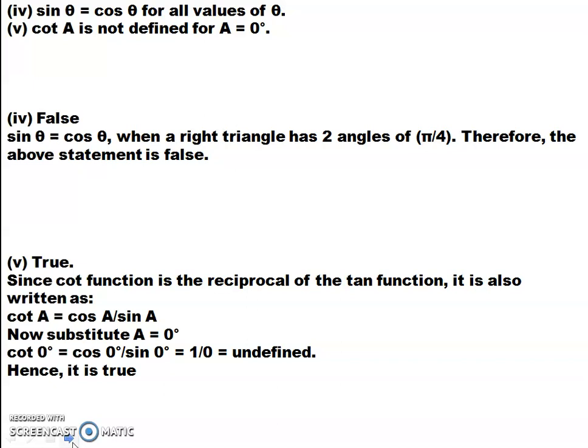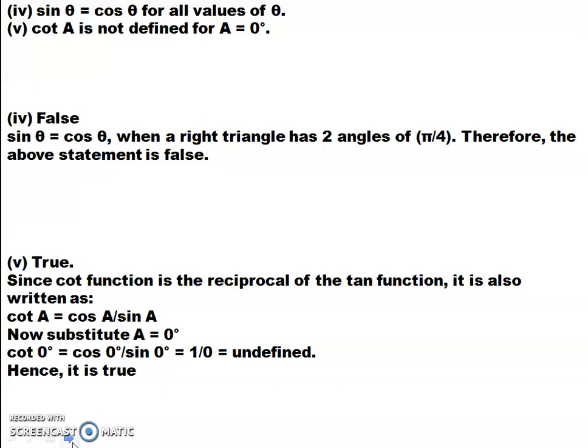Two more questions. Sin theta is equal to cos theta for all values of theta. Here the statement says that if you take a particular angle theta, both the sine value and the cos value will be the same for all values of angle theta. Is that correct, children? If sin theta and cos theta are the same, why do you have to learn a big chart called table 8.1 in your textbook?